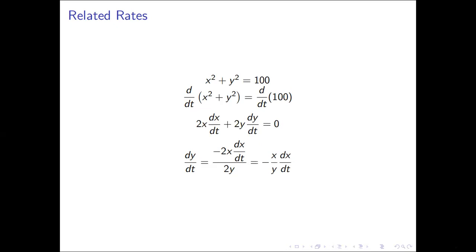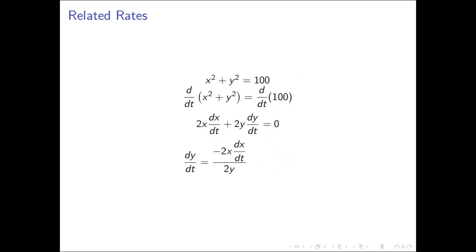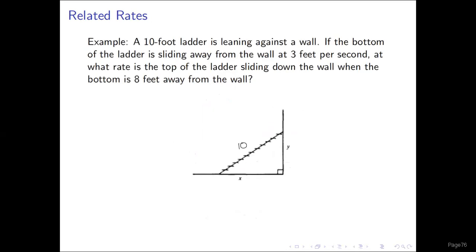So what do we need to get dy/dt? We need x, we need y, and we need this rate of change, dx/dt. Are we given all directly in the problem? No. What do we know? If you look back at the problem, you are told that of course the ladder does not change in length.